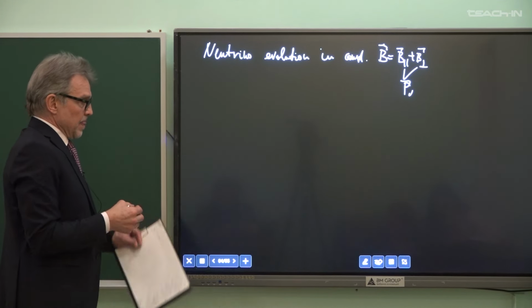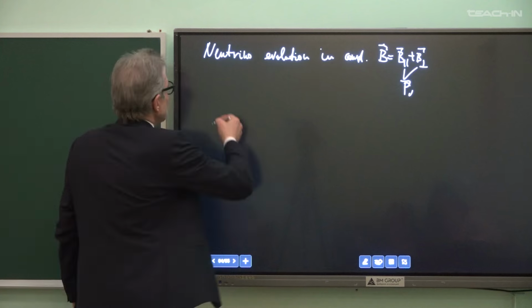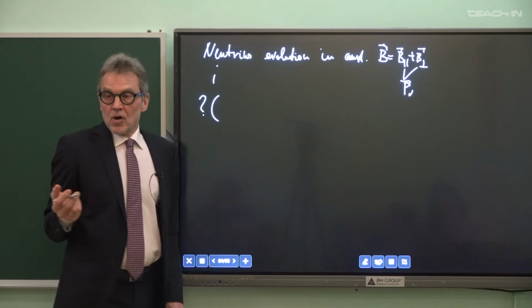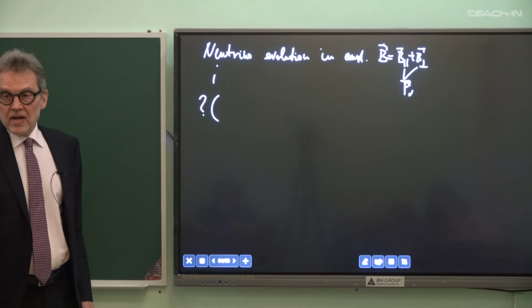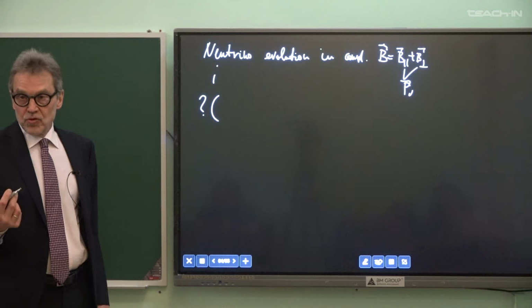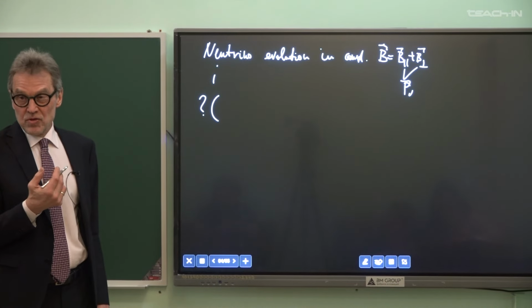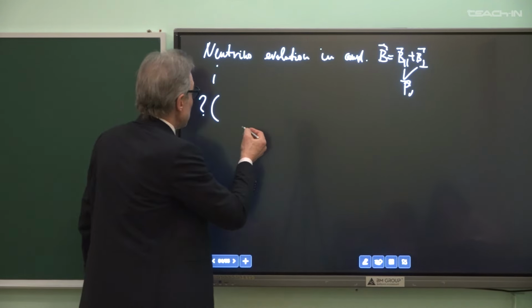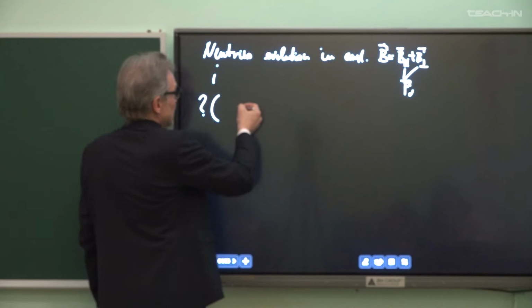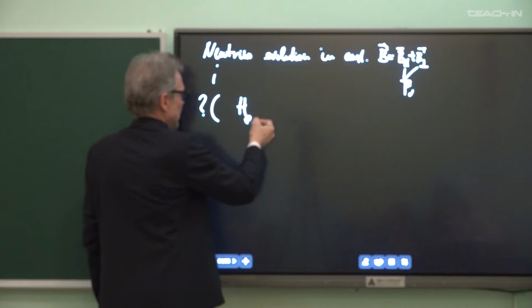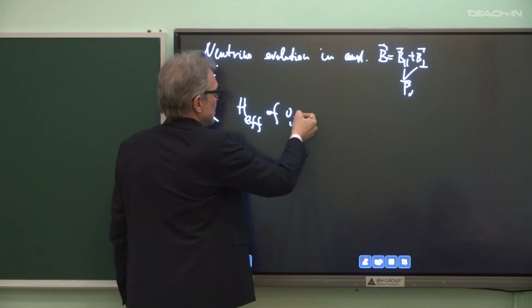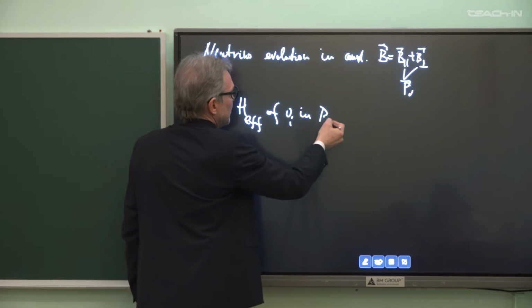And what would we like to have? We would like to find an effective equation of evolution of the mass states of neutrinos in vacuum, accounting for magnetic moment interaction with this magnetic field. So we would like to find the effective Lagrangian, Hamiltonian of mass states of neutrino in magnetic field.